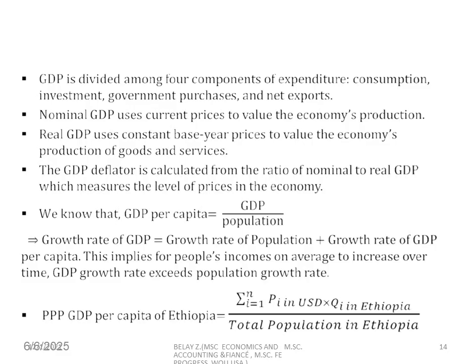Nominal GDP uses current prices to value the economy's production; the final goods are calculated based on current market prices. Real GDP uses a constant base year price to value the economy's production of goods and services. As we have discussed in the previous chapter 1 or video 1, real GDP is calculated by using base year prices, a year that we select as the base year.